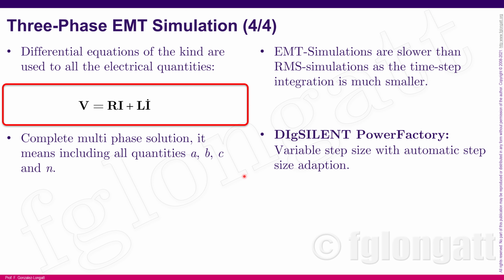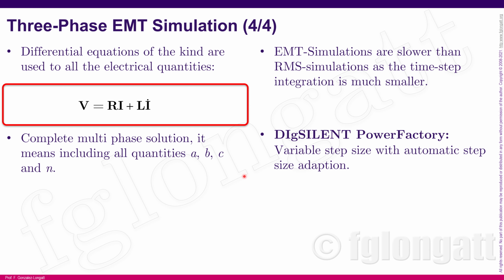The integration step is much smaller, and as a consequence, calculation time is higher compared with the RMS. The good news is that DIgSILENT PowerFactory is equipped with a very good set of solvers, and it's able to solve this three-phase EMT simulation in a proper way.